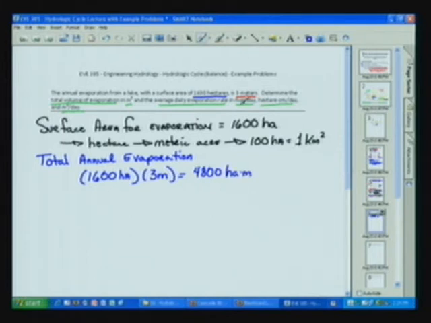Okay. And notice this is an area, the hectares, multiplied by a length. So that is a volume.